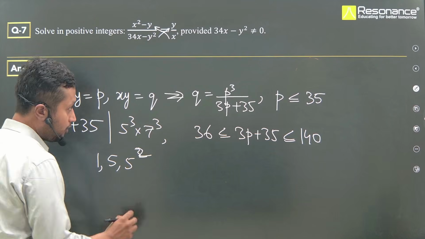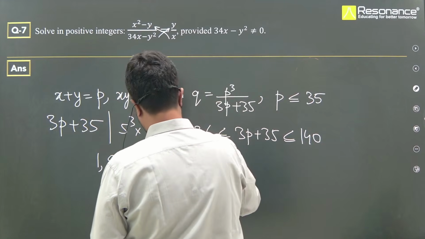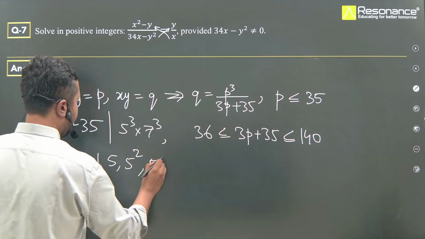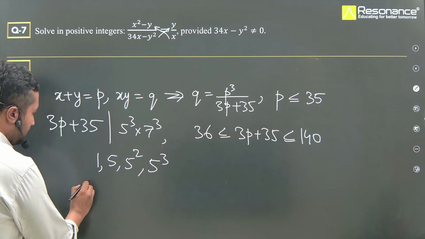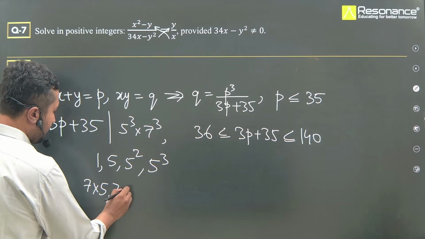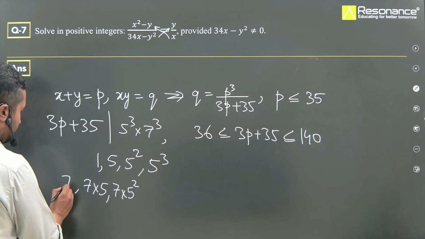So I wanted to write 5 squared, 5 cubed. Maybe I'll really write all the factors. So 7 times 5, 7 times 5 squared, and also 7, right?